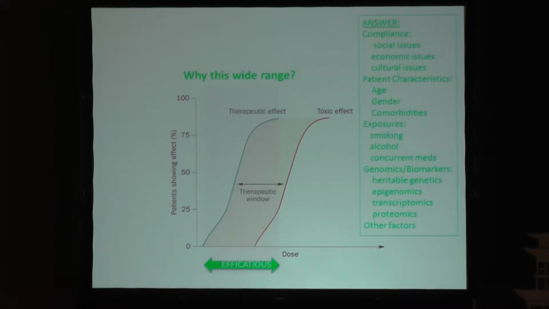So 95% of the variables that you deal with are things that we should be comfortable with already. That will also include potential exposures such as smoking, alcohol, and concurrent medications. What makes it different is the bottom portion of that list: the fact that we are also dealing with biological samples and specimens and data coming out from them.